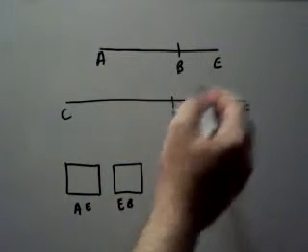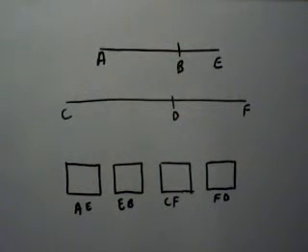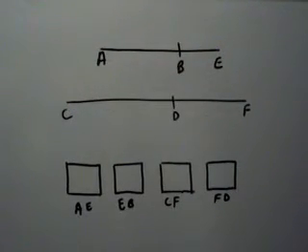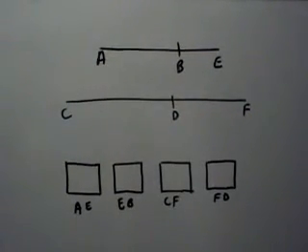If BE is commensurable in length with the rational straight line set out, then DF will also be commensurable in length with the rational straight line set out. This is by Euclid Book 10, proposition number 12. And if neither of the straight lines AE and BE are commensurable in length with the rational straight line set out, then neither the straight line CF nor FD will be commensurable in length with the rational straight line set out.